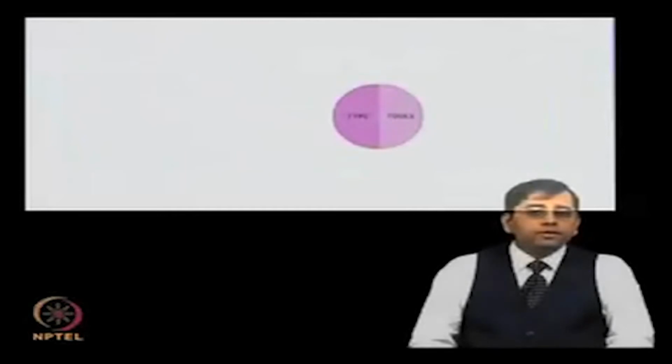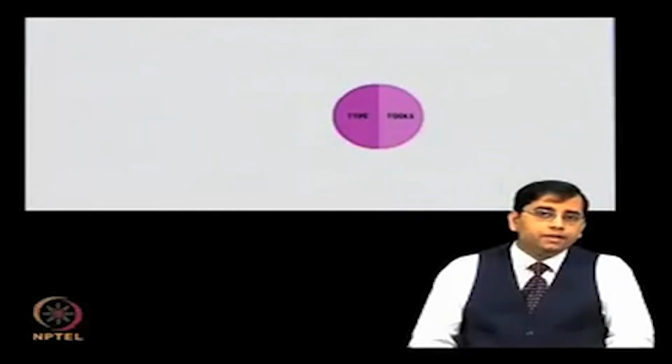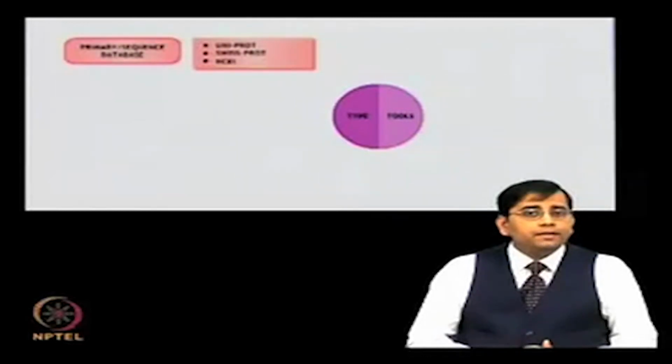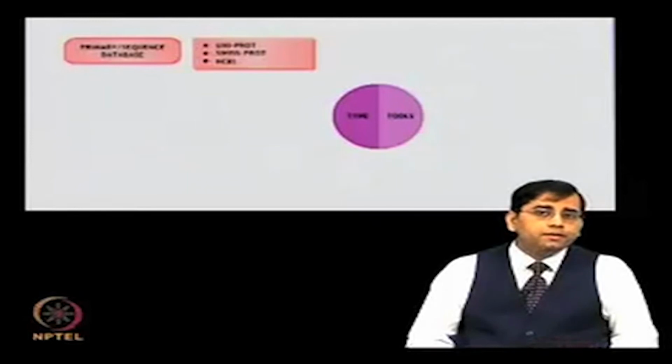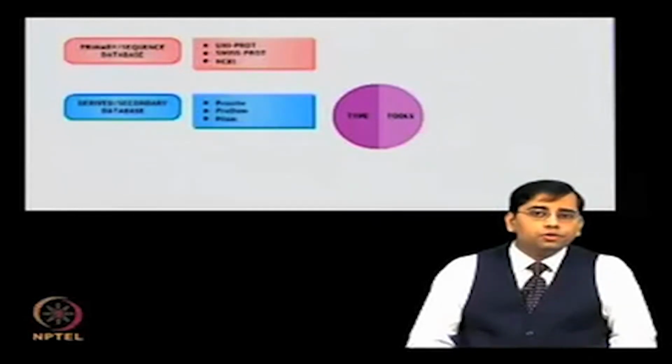A typical biological database can be characterized by its type and its tool. The type defines the category of data that it includes, such as sequence, domains or structure.